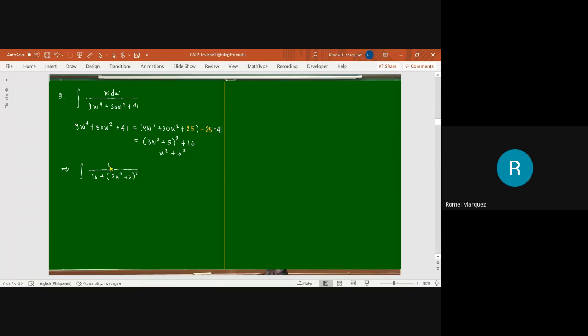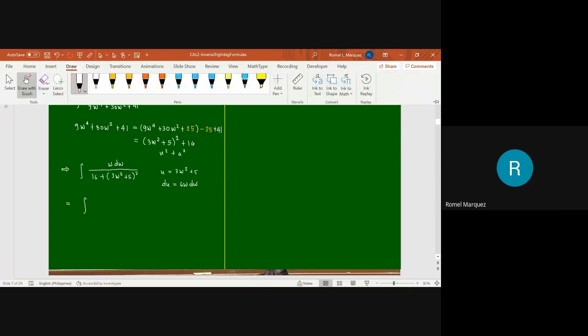The numerator is w dw. Let's check. What is my u? We have 3w squared plus 5. What is my du, guys? 6w dw. What is missing in the numerator to complete the du? 6.